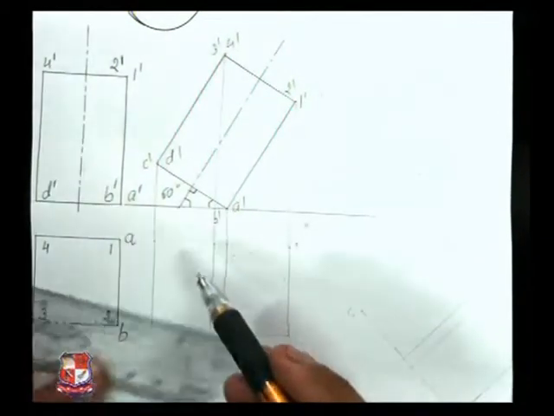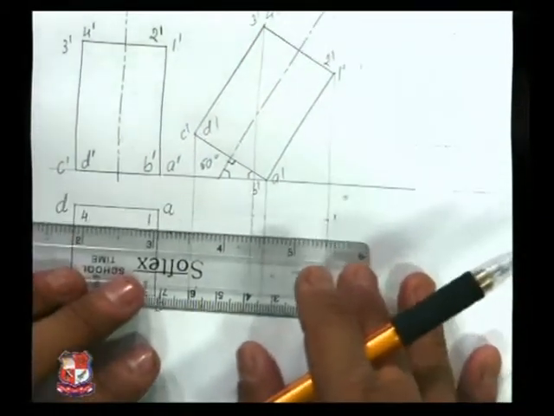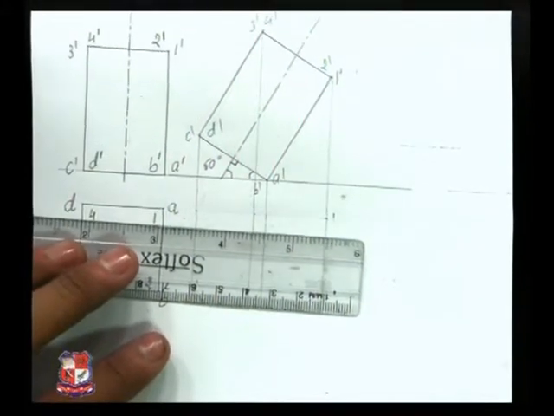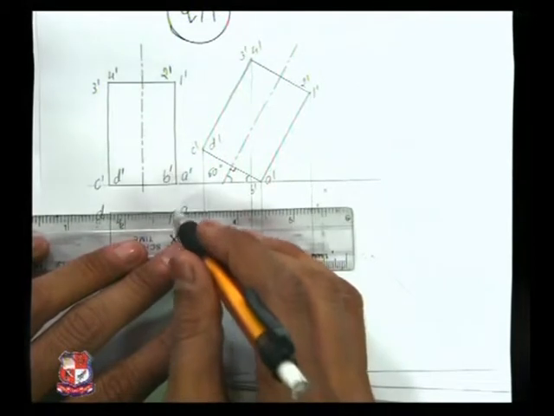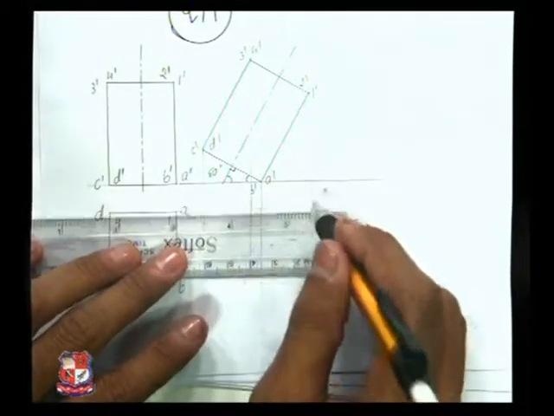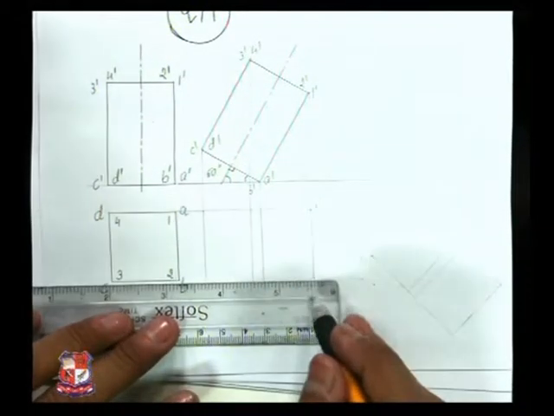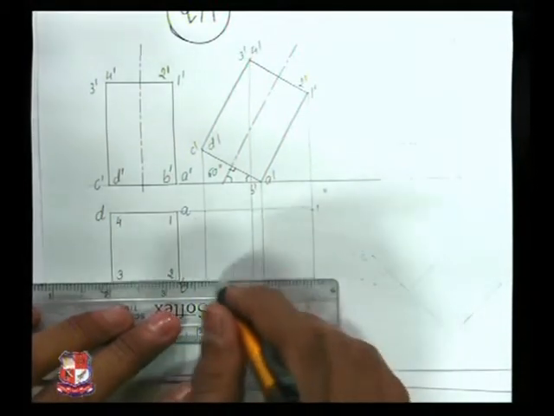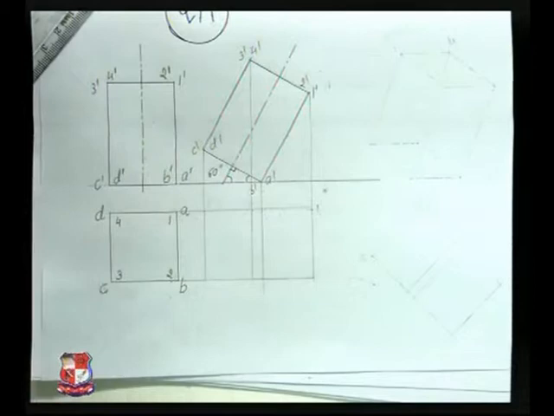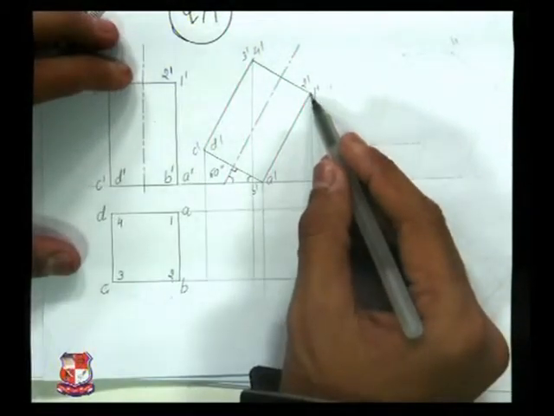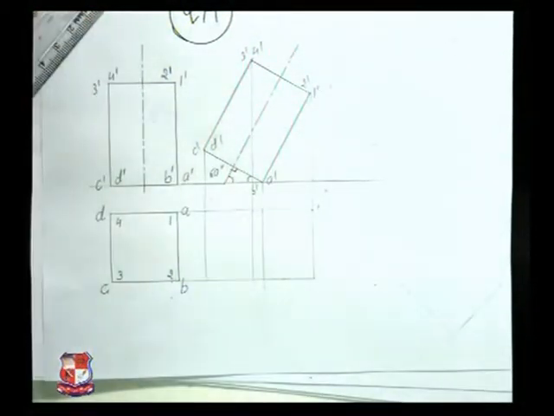Take projections. Similarly, projection from top view, horizontal lines from A and B like this, and horizontal line from 1 and 2, so that would appear like this. So name the points appropriately. Vertical line from 1 dash and horizontal line from 1.